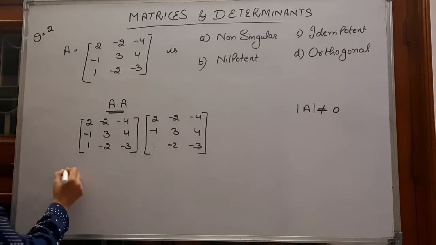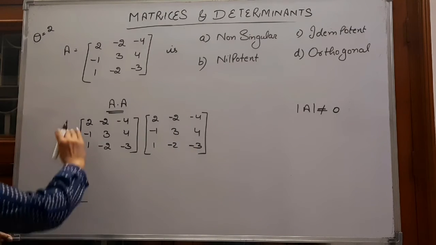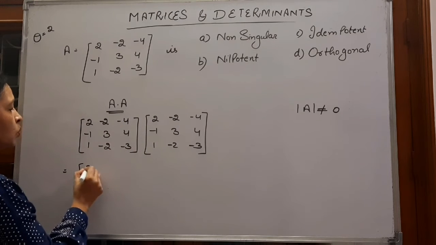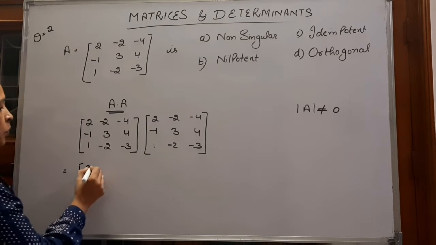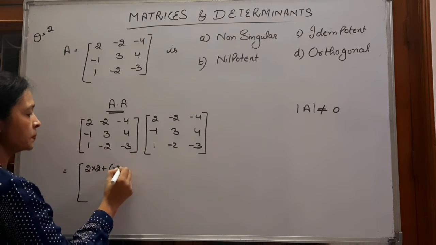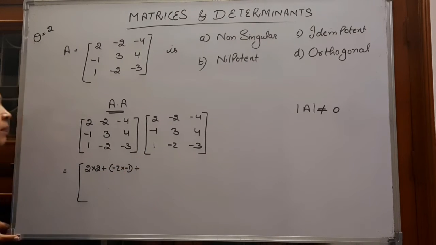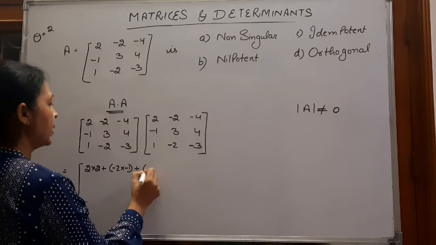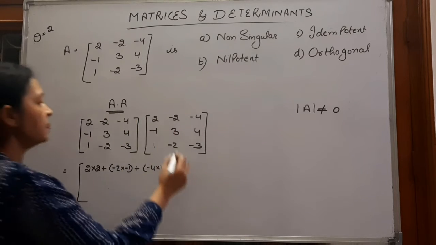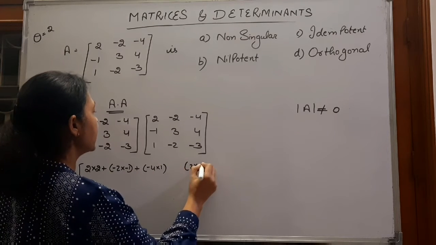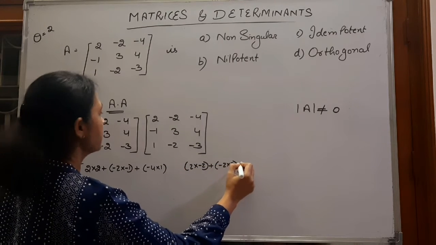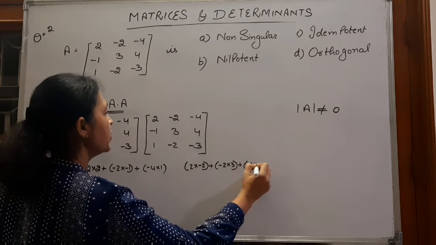A with A. Now on multiplying, first row with first column, 2 into 2, plus minus 2 into minus 1, plus minus 4 into 1. First row, second column, 2 into minus 2 plus minus 2 into 3 plus minus 4 into minus 2.